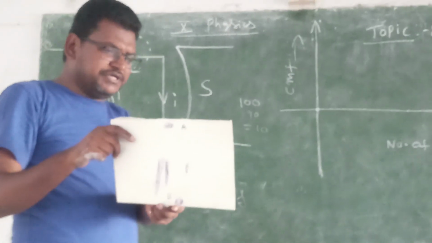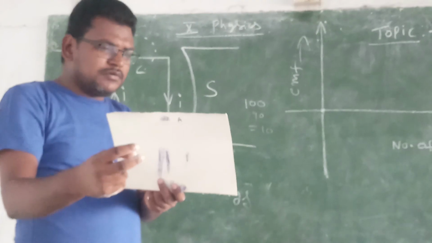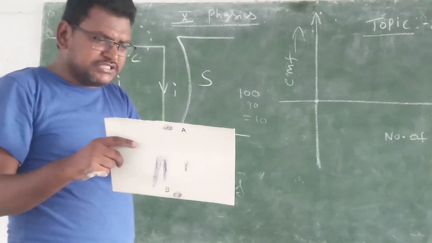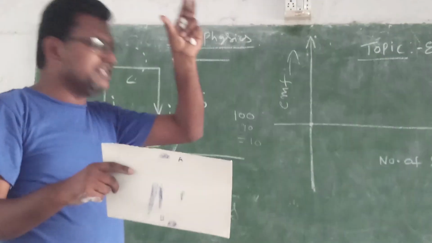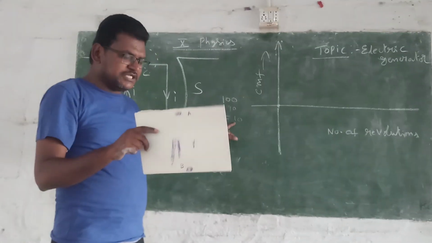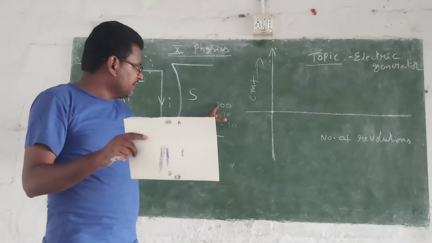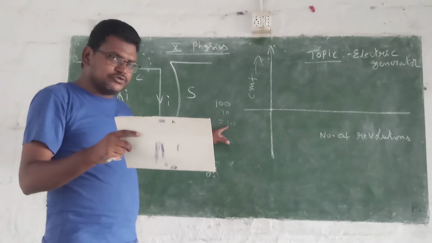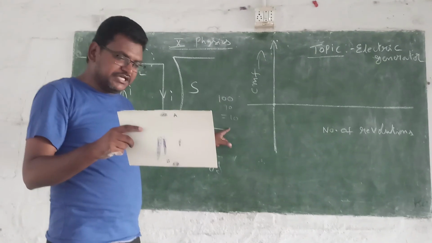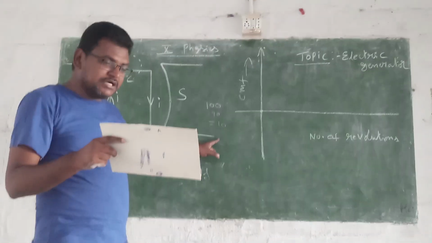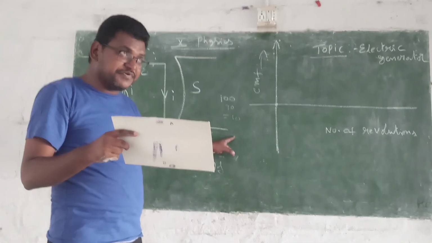As we rotate, the number of magnetic field lines passing through decreases, but the change in magnetic flux increases. First assume 90 lines passing, 100 minus 90 is 10. Next assume 80 lines passing, 100 minus 80 is equal to 20. Next assume 50 lines passing, 100 minus 50 is equal to 50.